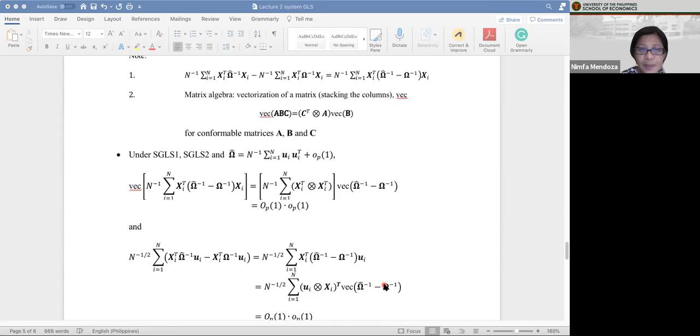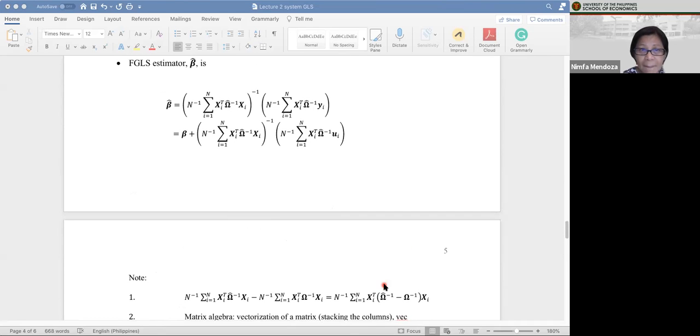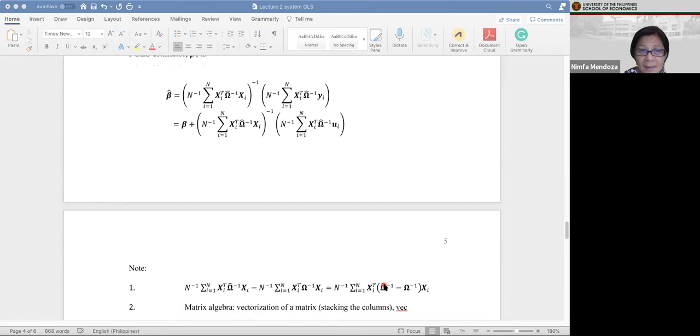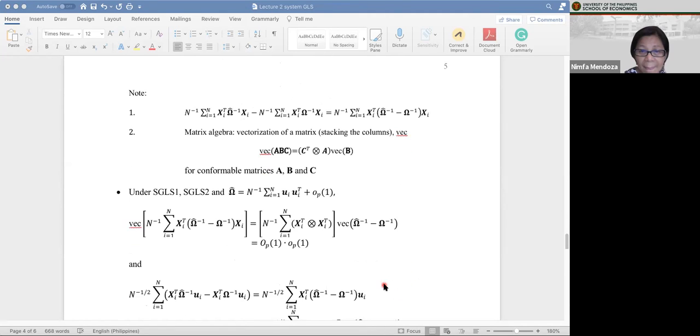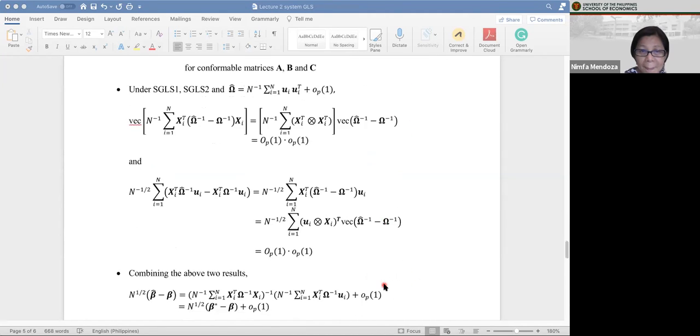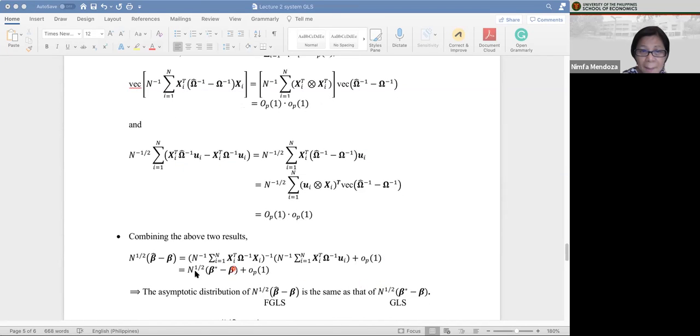So you get this expression. But what is n to the 1/2 beta star minus beta? Look at this first expression.